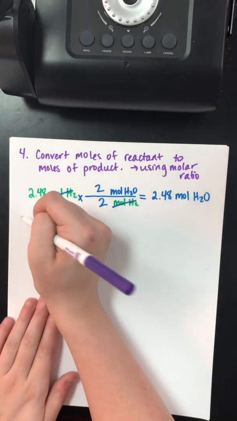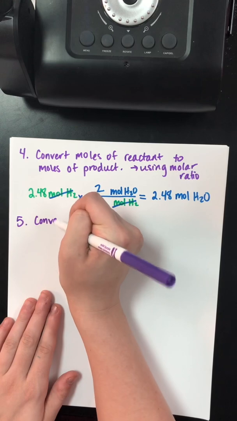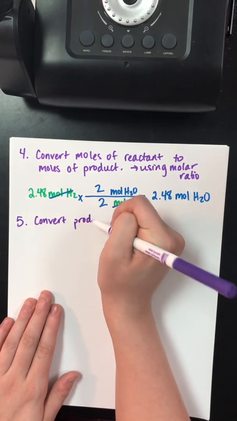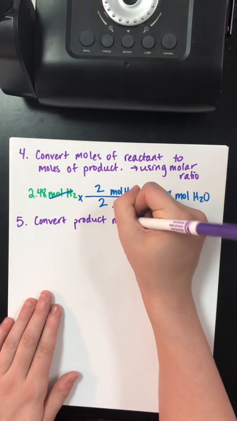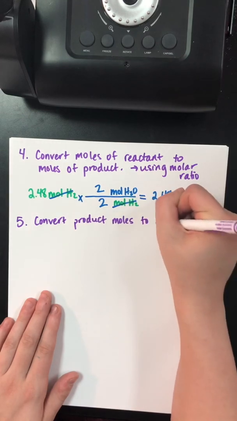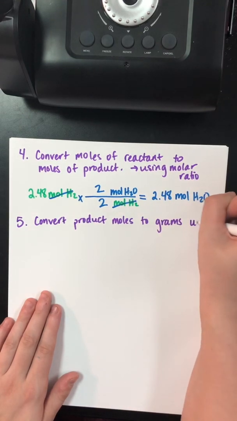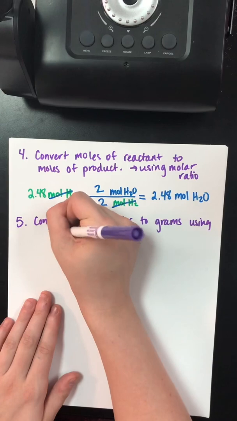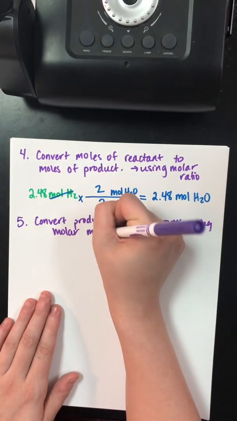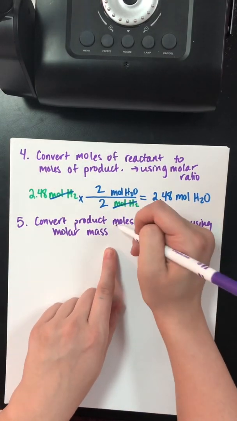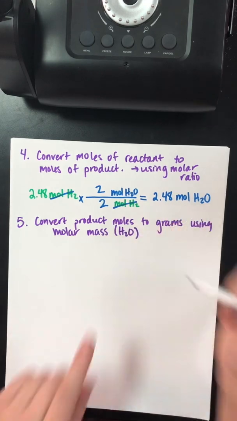So the very last step is convert product moles to grams using molar mass again. But this time we want to make sure that we're using the molar mass of the water.